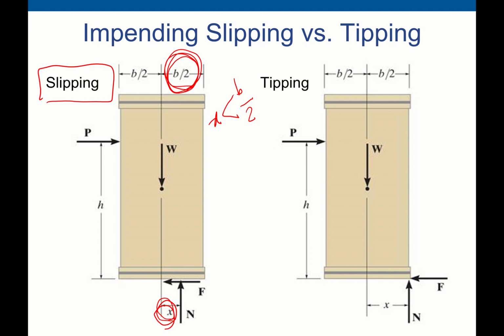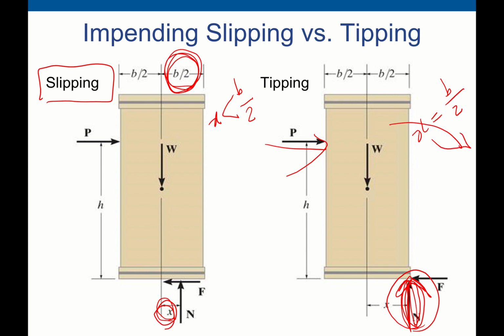How about the other case? If x is equal to b over 2, which means the line of the normal force is located at the edge of the box. That means when we push with a certain amount of force, because the normal force is acting on the edge, this box will tip.